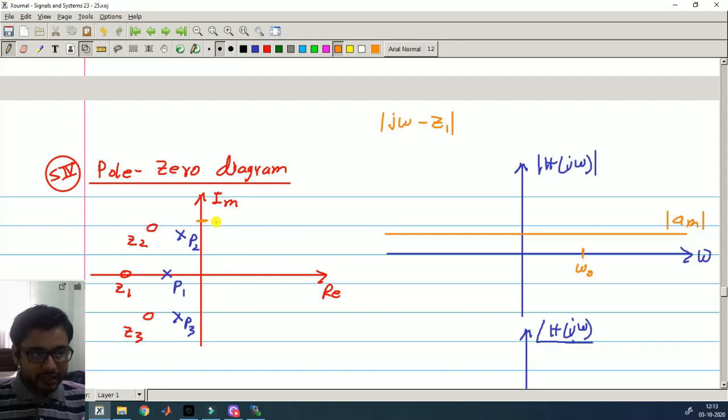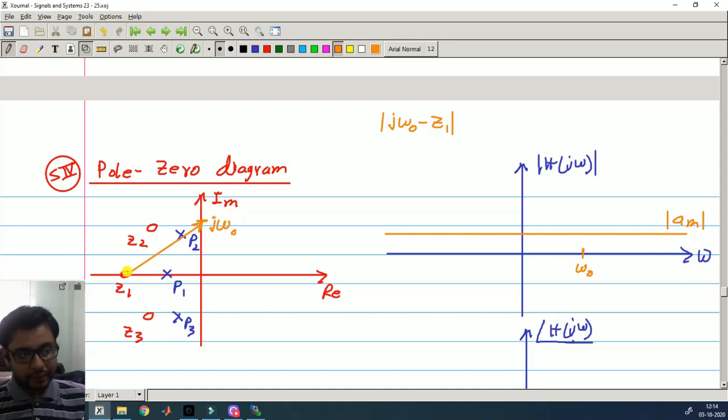Suppose this point represents j omega naught. Then the magnitude at this point will be mod of j omega naught minus z1, and this quantity is represented by this vector starting from z1 up to j omega naught. The mod of that is the length of this vector.